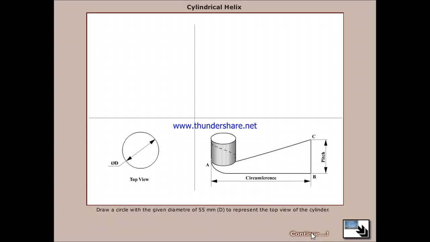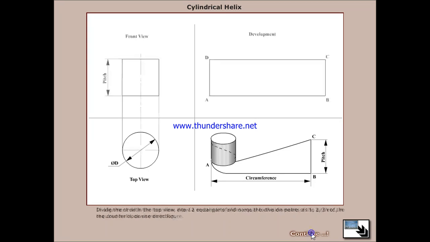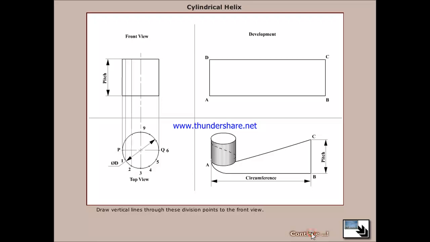Once again, let us repeat. Draw a circle with the given diameter to represent the top view of the cylinder. Now divide the circle in the top view into 12 parts and name the division points as 1, 2, 3, etc. in the counterclockwise direction. Now draw vertical lines through these division points to the front view.